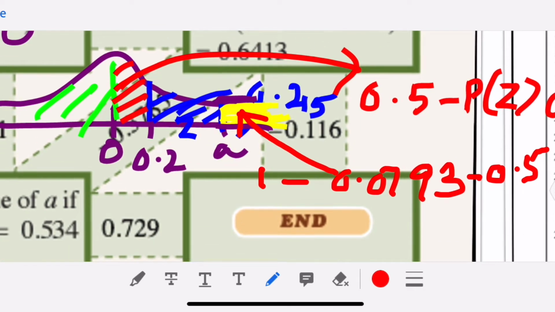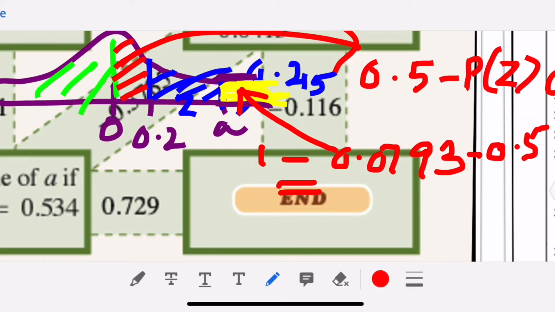Okay, so we'll get the balance for the yellow one. Okay, let's press the calculator. That means you can take 0.0793 plus 0.5, isn't it? So you will get 0.5793 for the green and for the red.